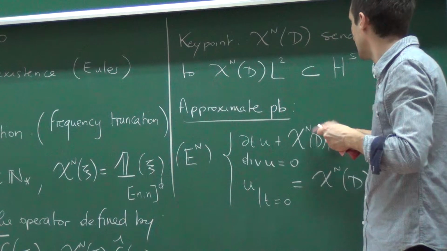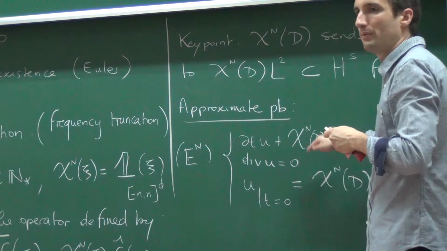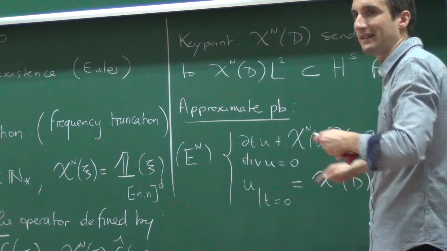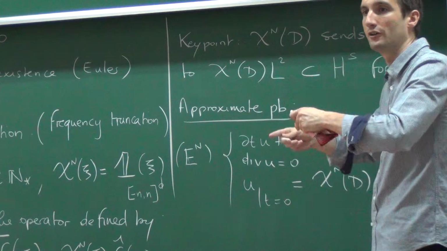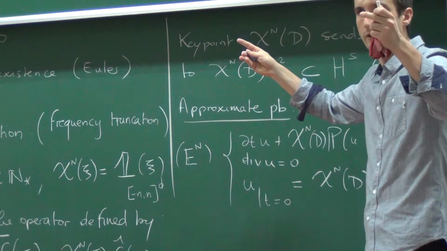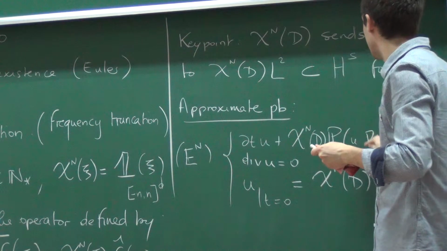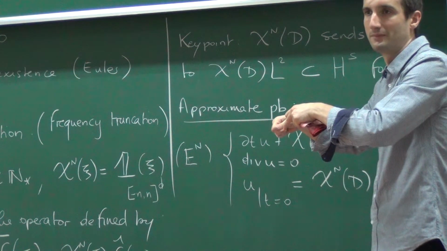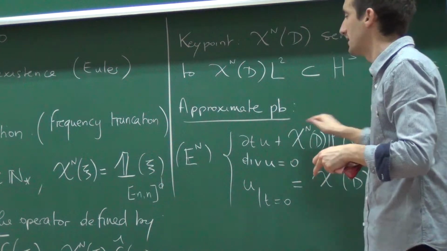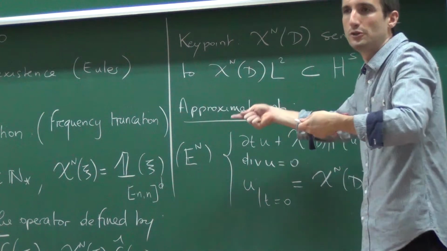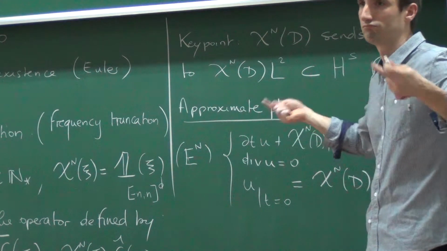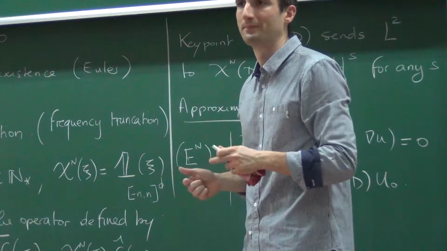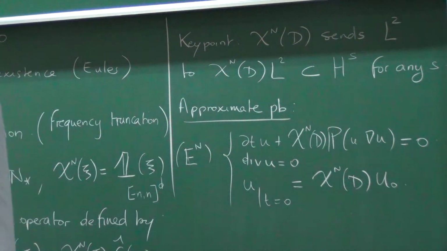And the point is that at each step, I look at frequencies that are less than n. I cut any frequency which is higher. So it means that derivatives will be nice on this kind of functions. Okay, so that's why it's easier. But it's not deduced from E, it's an approximation that I take as a new system. Any other question?